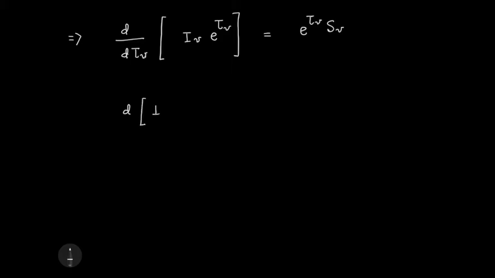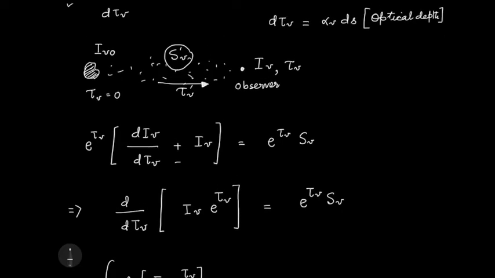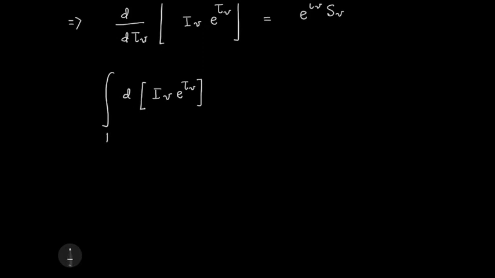Now I can write it as an integral, and that will serve our purpose of solving this. This is I nu e to the tau nu. The integral is over that. And what is the value of I nu e to the tau nu at the point in the source? Because from there I am integrating. At the source, tau nu is 0, so e to the 0 is 1. So I have only I nu 0. And on the other hand, it is obviously I nu e to the tau nu itself.